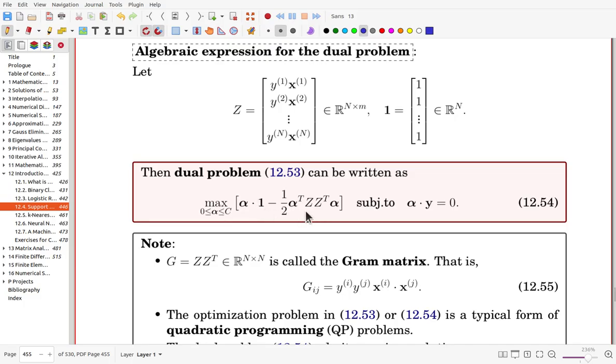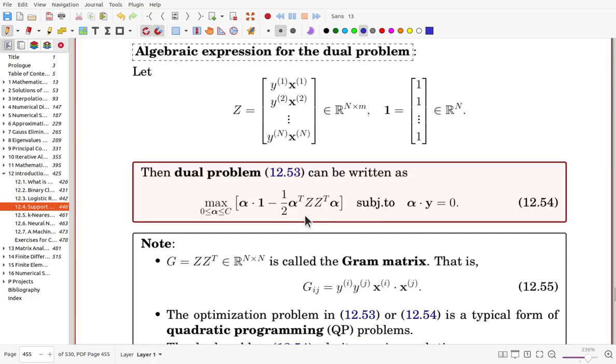Then Z transpose Z is called the Gram matrix, and each entry can be found in this way, with the dot product of xi and xj, and also the labels for xi and xj. This whole product is the ij entry of the Gram matrix.